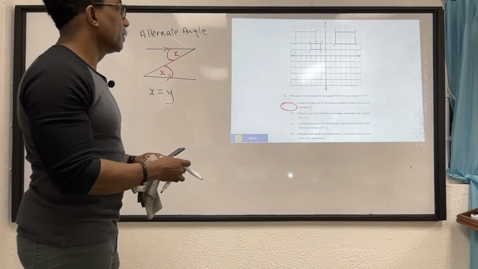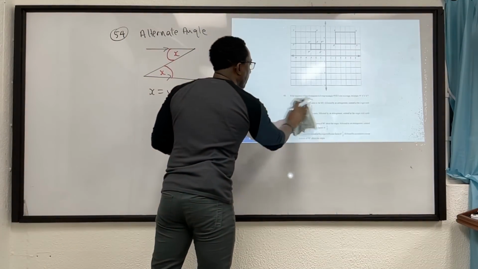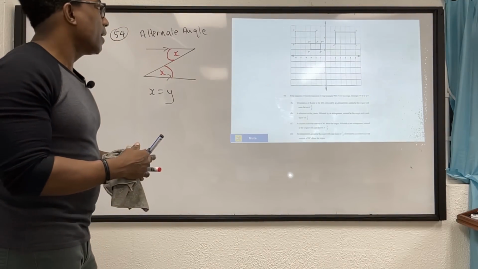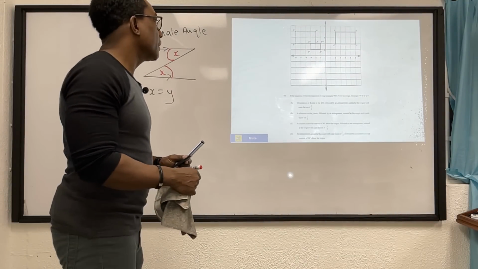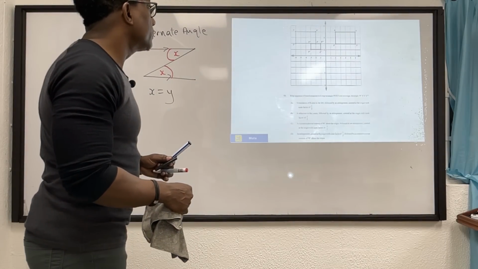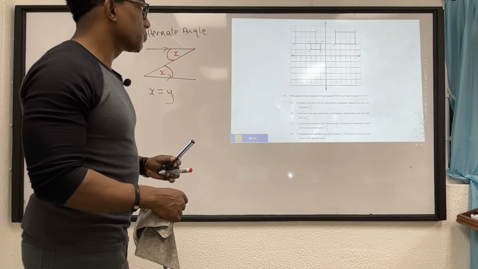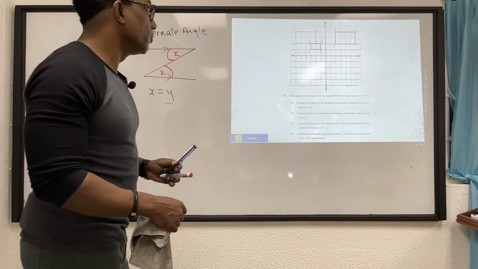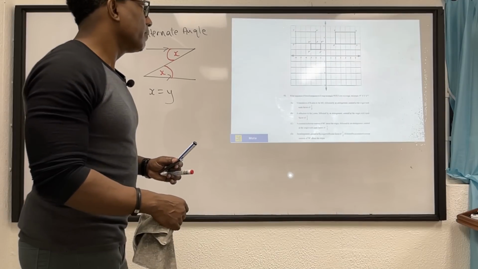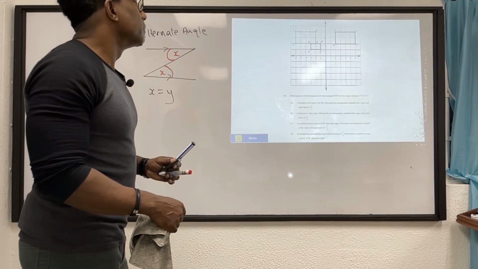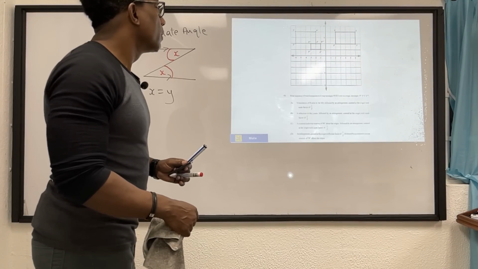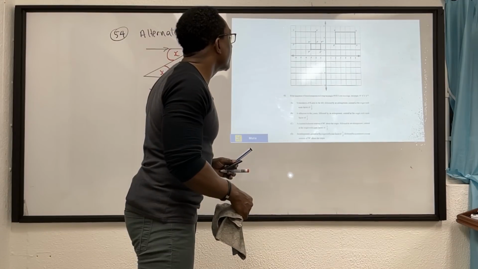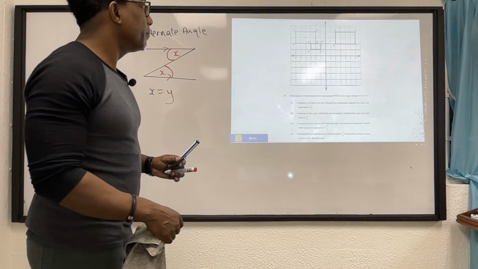So let's look at question 55. It may be a bit difficult to see, but let's look at it. What sequence of transformations will map rectangle WXYZ onto its image rectangle W prime X prime Y prime Z prime?